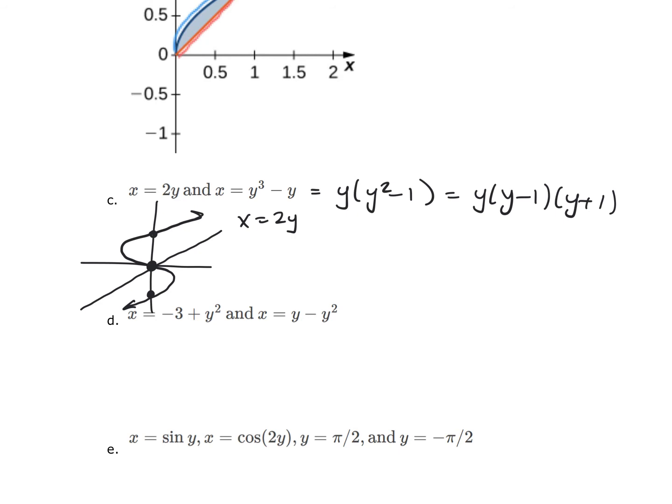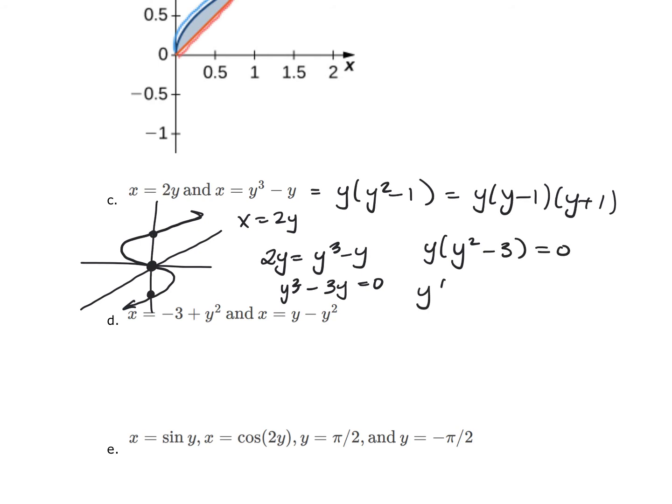And again, what I'm going to do is set them equal to each other. So I have 2y is equal to y cubed minus y, so y cubed minus 3y is equal to 0. So when I factor, I have y, y squared minus 3 is equal to 0.